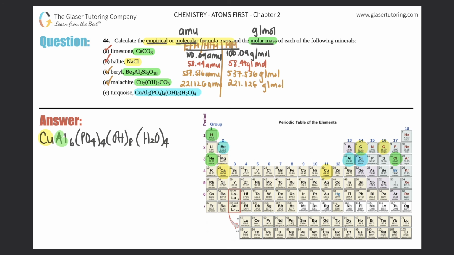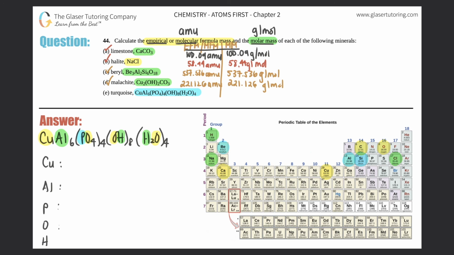We have aluminum. We have phosphorus. But now we have oxygen here, here, and here. And then we have hydrogen here and here. So it looks like we got copper, aluminum, phosphorus, oxygen, and hydrogen.